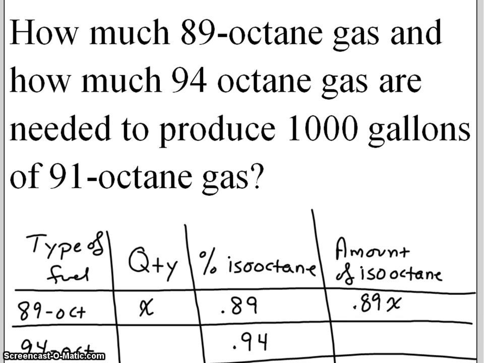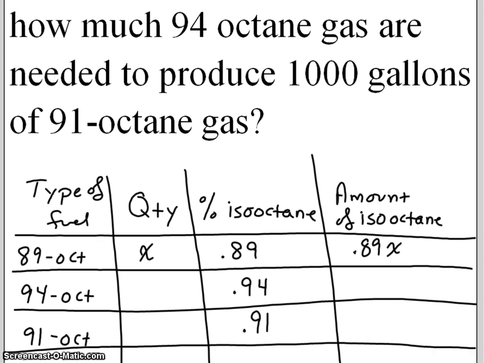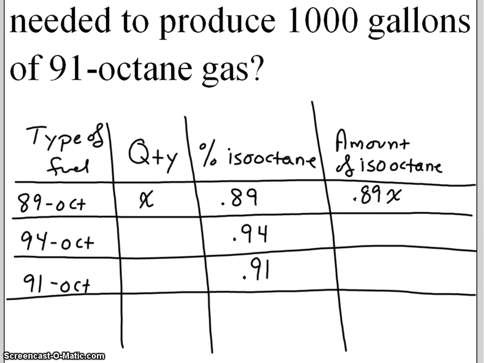And then how much 94 octane? Oh, we don't know how much 94 octane either, but we do know that we're going to produce 1,000 gallons of 91 octane. So 91% of 1,000 will be how much isooctane is produced in our 91 octane fuel.